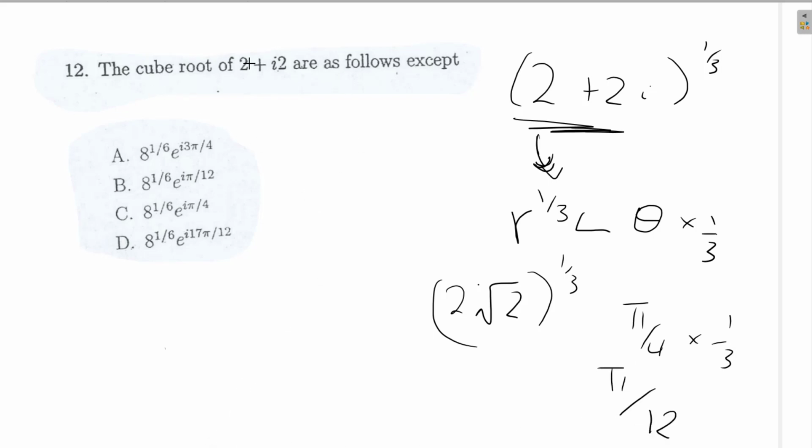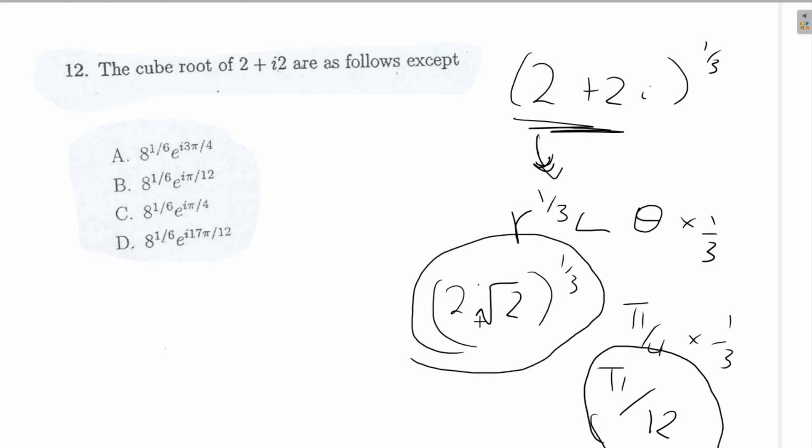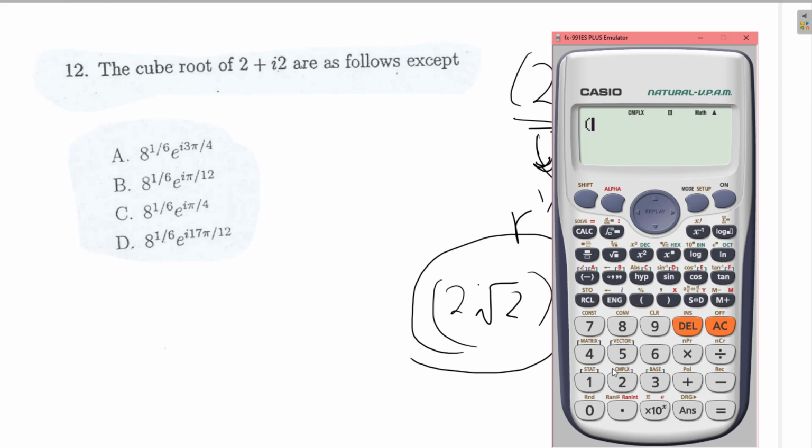I call this the base argument because there are multiple roots, and these other roots are simply other versions of our base argument. It's just the angle that's going to vary. So our magnitude should be 2 root 2 raised to the power 1 over 3, and I believe this is 8 raised to the power 1 over 6.